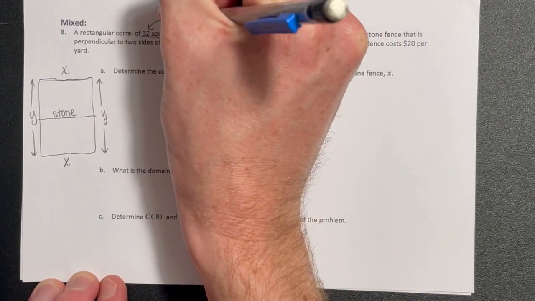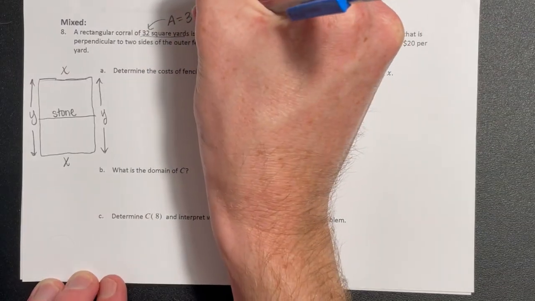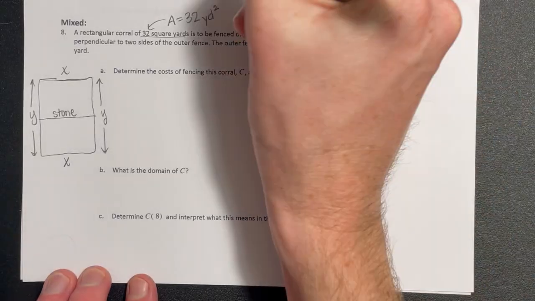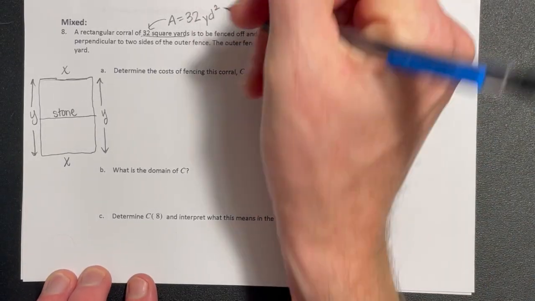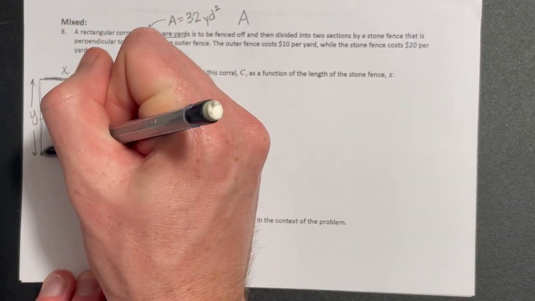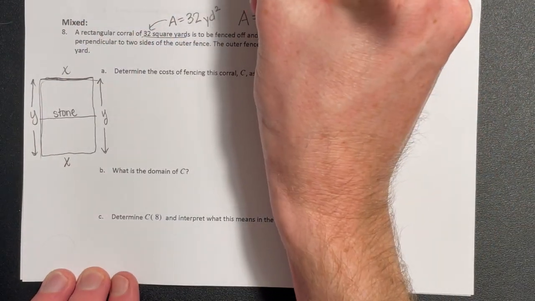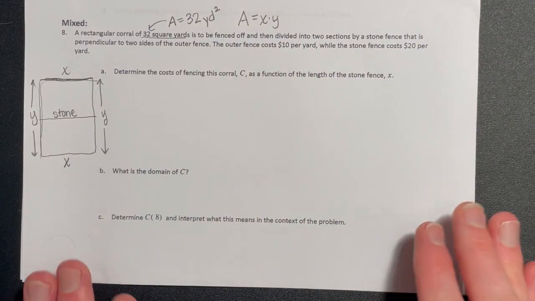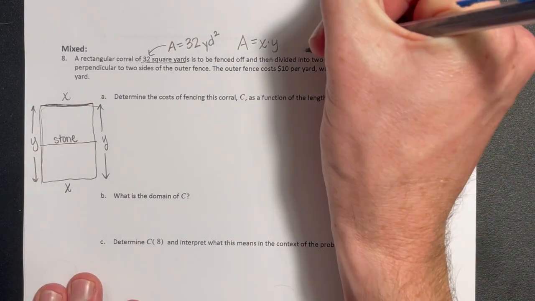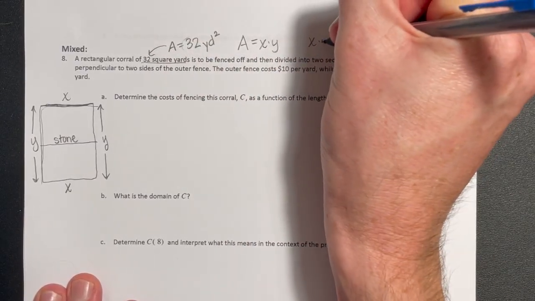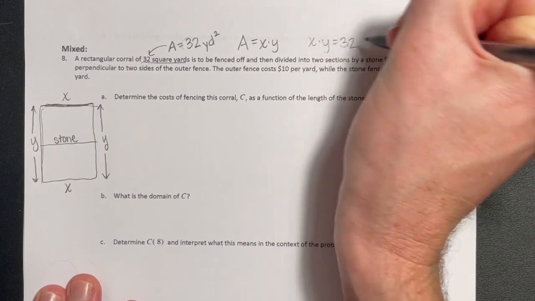The area is 32 square yards. And to find the area, we do x times y because it is a rectangle. So the area of this rectangle is length times width, or x times y here. That gives me some information. So if we plug in the 32, x times y is equal to 32.